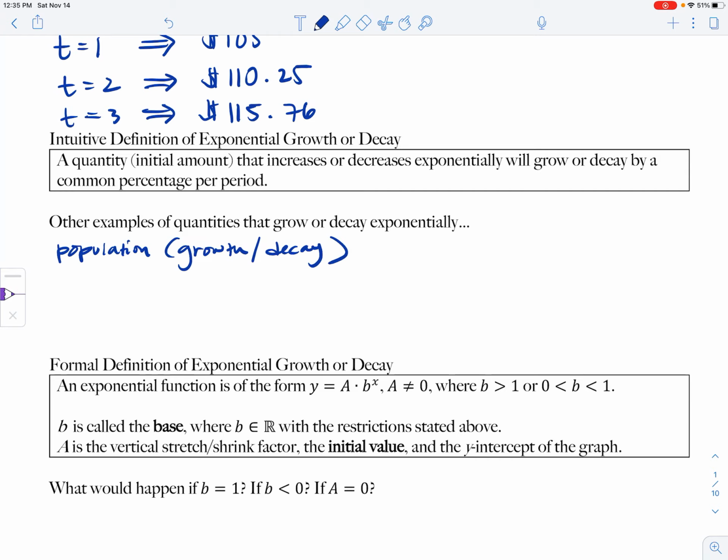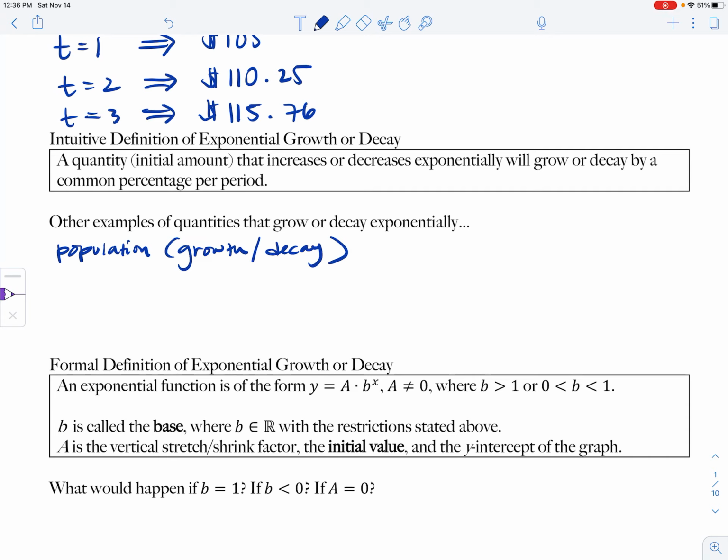But then there are external constraints or limiting resources that have actually switched population to be more of a logistic growth, where the growth has leveled out. And again, you guys will talk about that more in your biology classes.